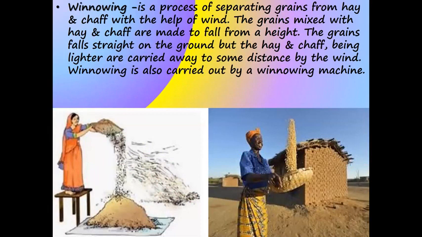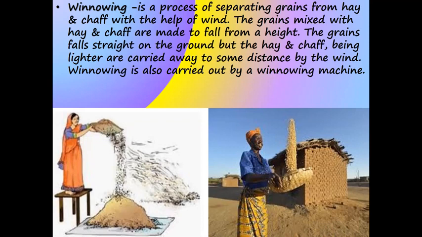Grains so obtained on threshing may contain husk and chaff. So, the process of separating grains from hay and chaff with the help of wind is called winnowing. The grains mixed with hay and chaff are made to fall from a height.